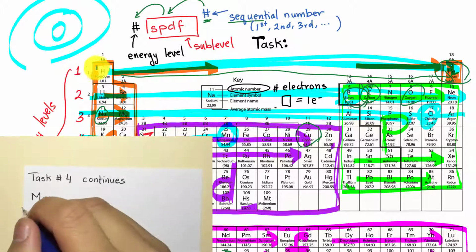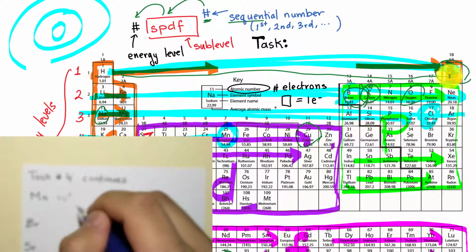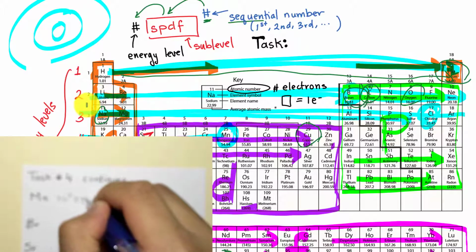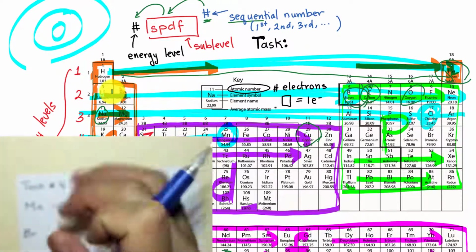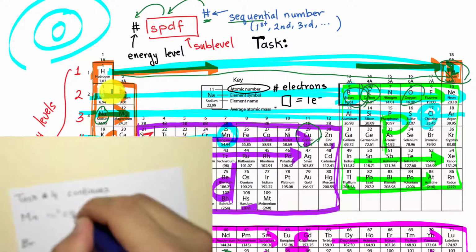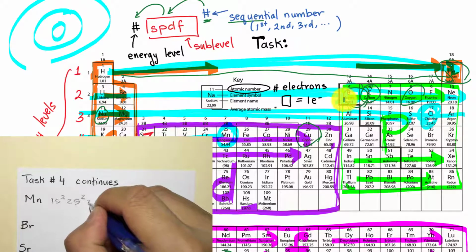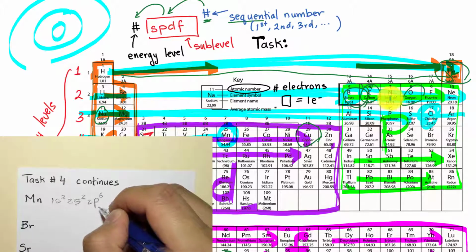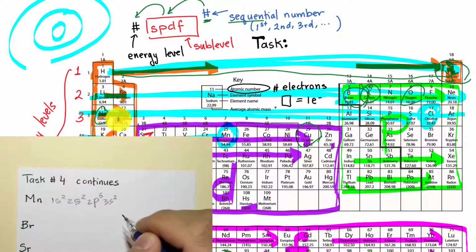So again, we go from the very beginning. We have 1s2, then we have 2s2, followed by 2p6 because of the same energy level. Then we have the third shell, which represents 3s2. Remember, reading across.